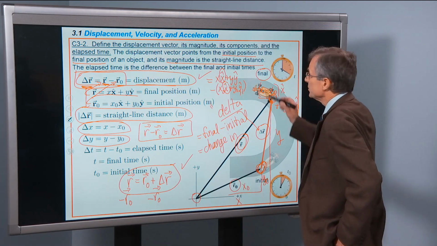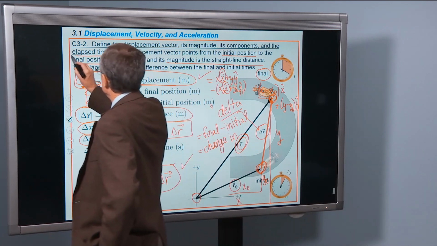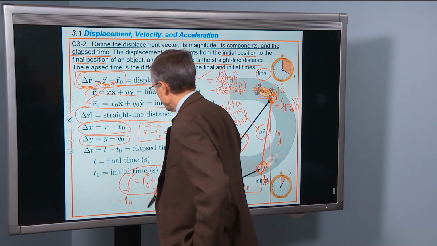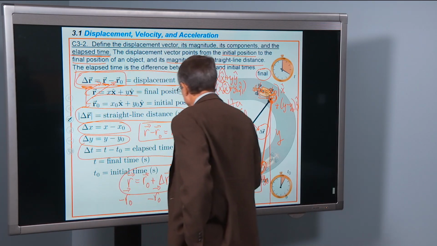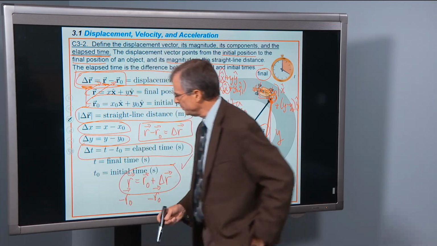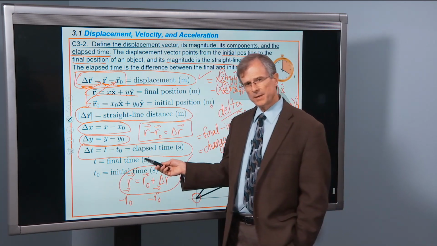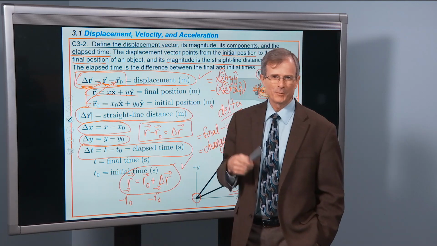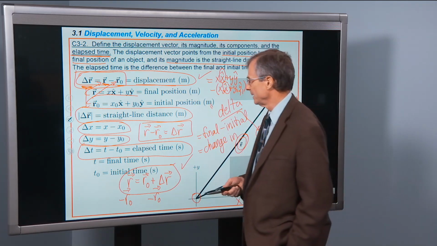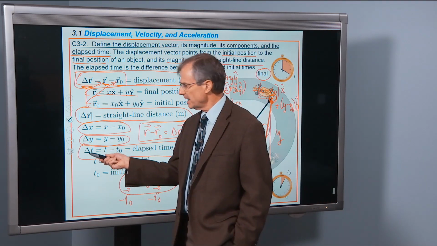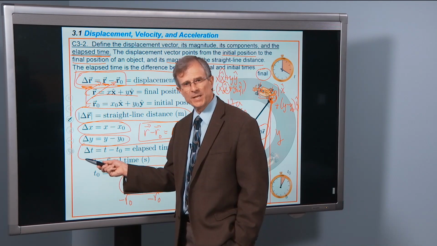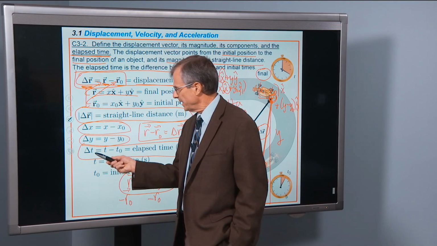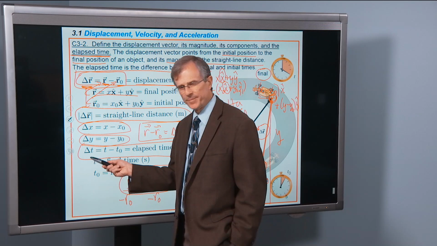We're also supposed to define the elapsed time. And let's see if you can see why this definition makes sense based on how we've been talking about the Greek letter delta. Delta means final minus initial. And now we're talking about time.